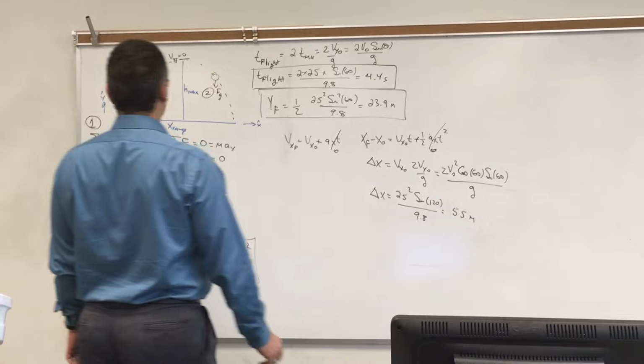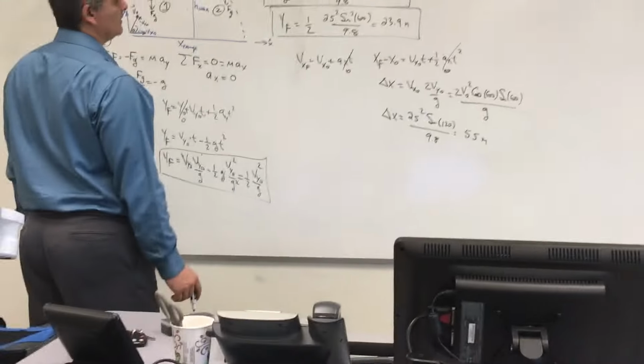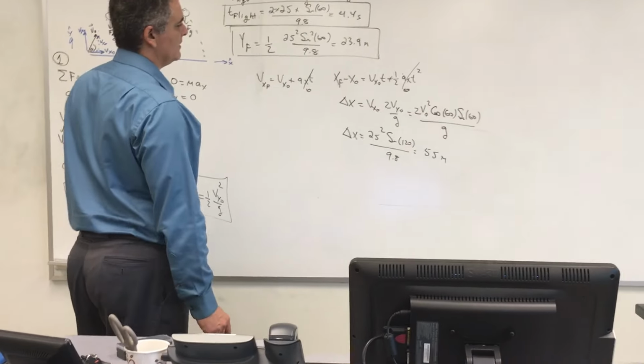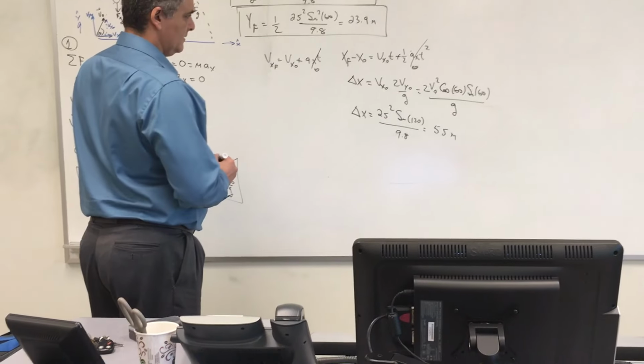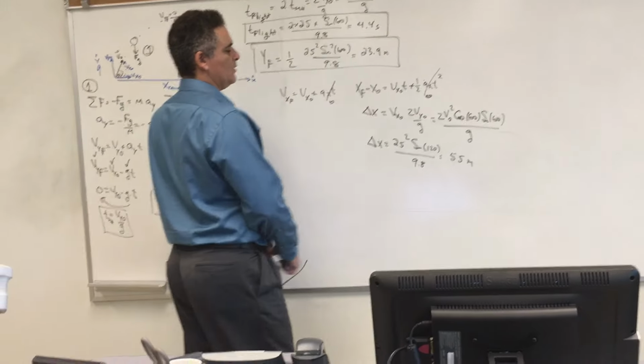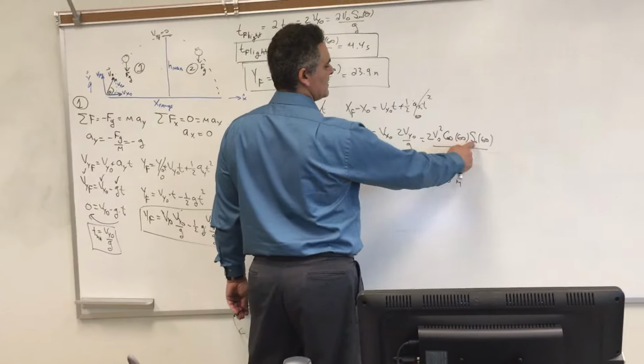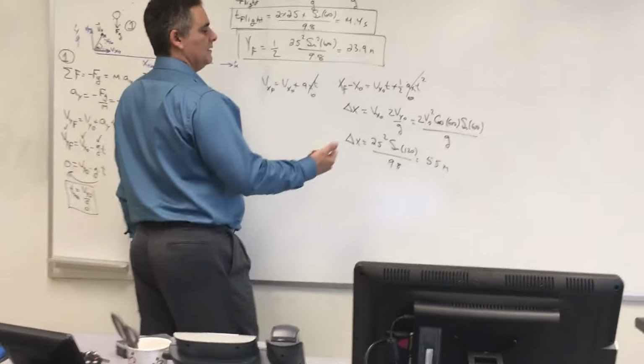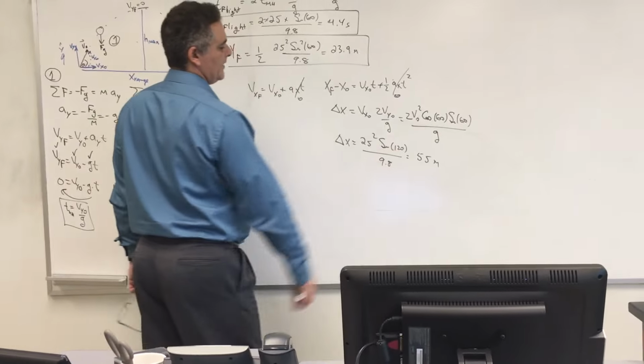I don't know. Did I go wrong? 55 meters. V0 is 25, right? Yes. I don't know if you guys saw what I did there, but the 2 cosine sine is equal to just sine of twice the angle.